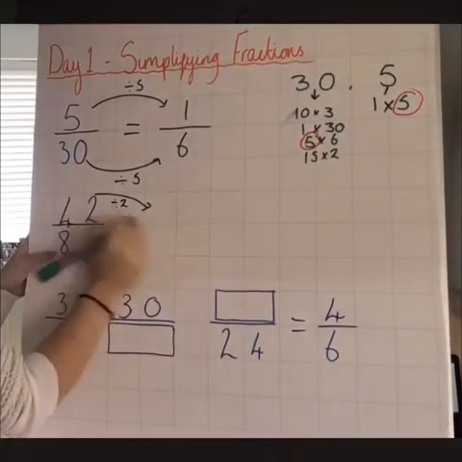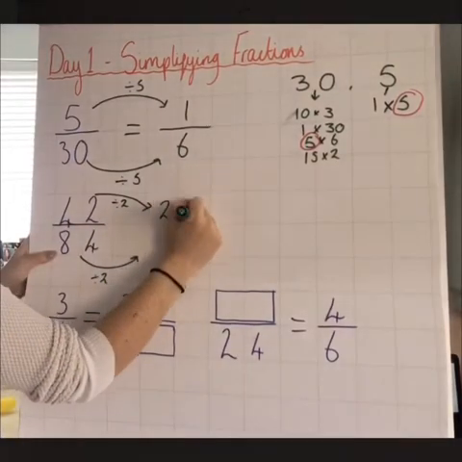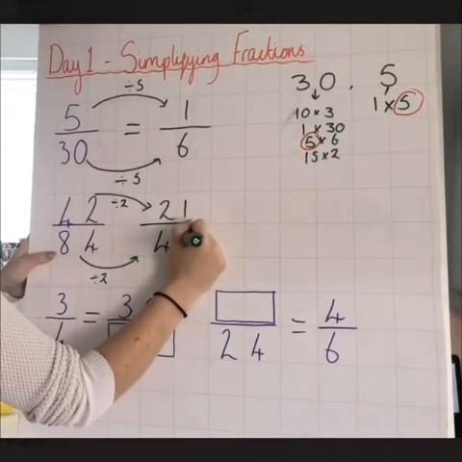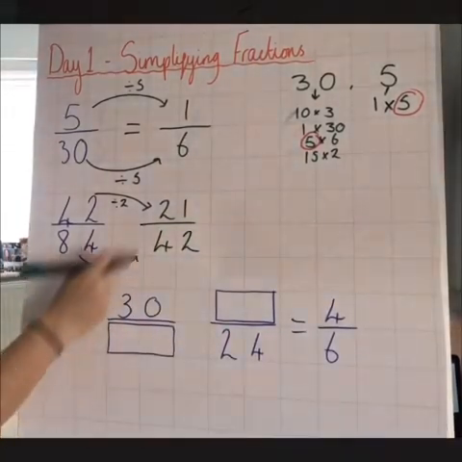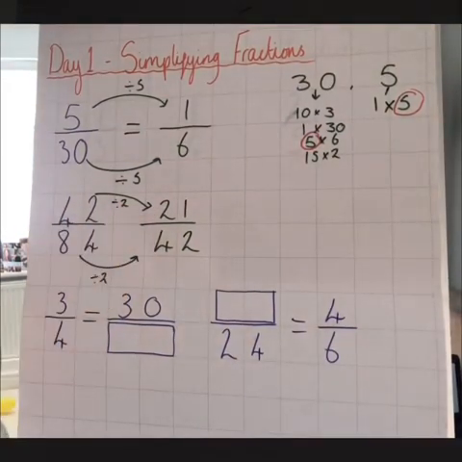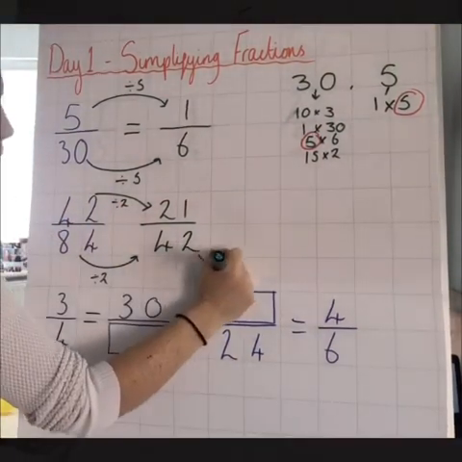So if I divide them both by 2, I've got 21 here, and I've got 42 here. Then again, looking at what number goes into 21 and 42? 7.